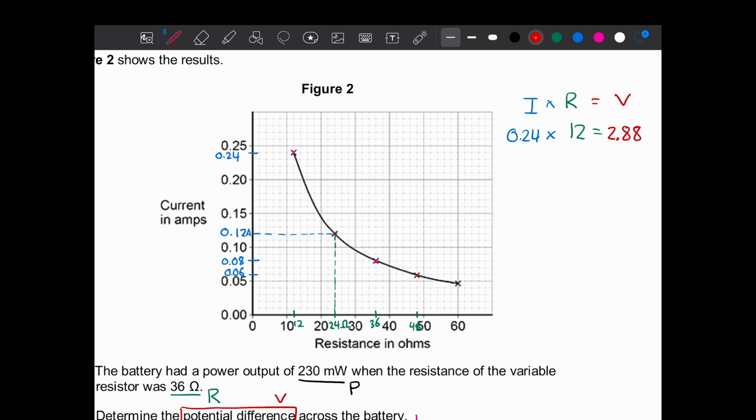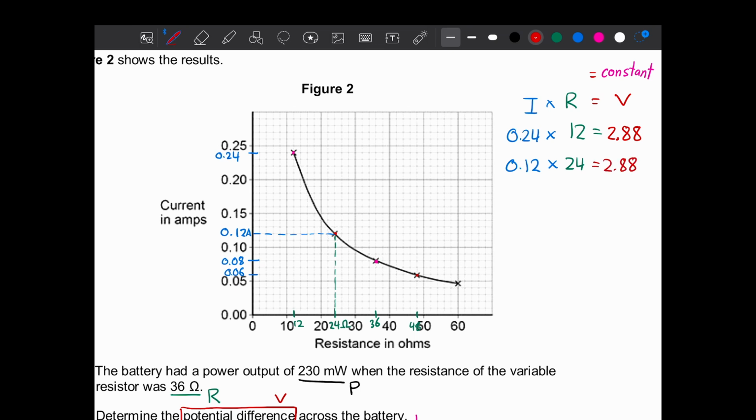After all, I times R does equal V, but really here we're just trying to show that it equals a constant value. The actual physical quantity isn't important. Anyway, carrying on, we already proved that for this point over here, we get 2.88, so let's just write that down. 0.12 multiplied by 24, giving you a value of 2.88.